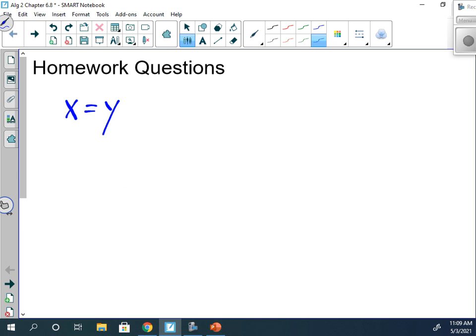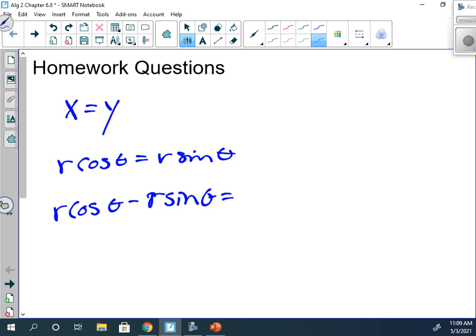x is equal to y. Well, x is r cosine of theta is equal to r sine of theta. I need them on the same side, because in our overall equation, what we're trying to get is r equals something. We need r by itself.